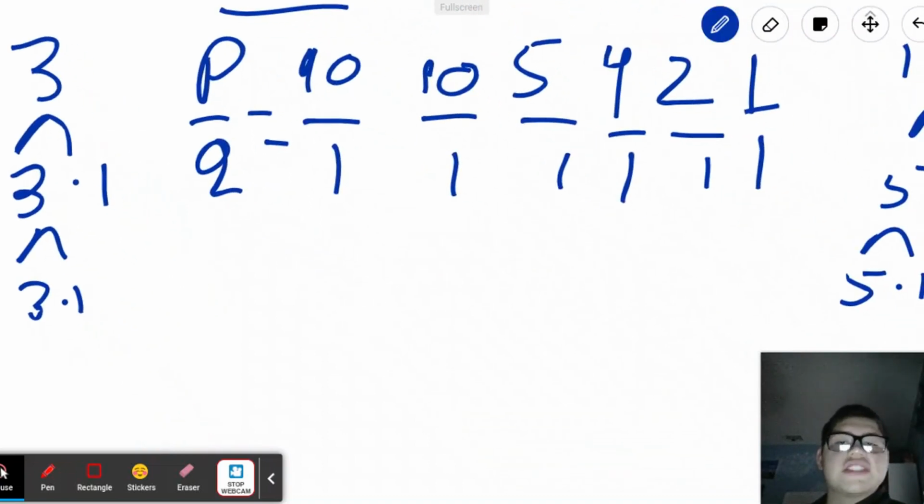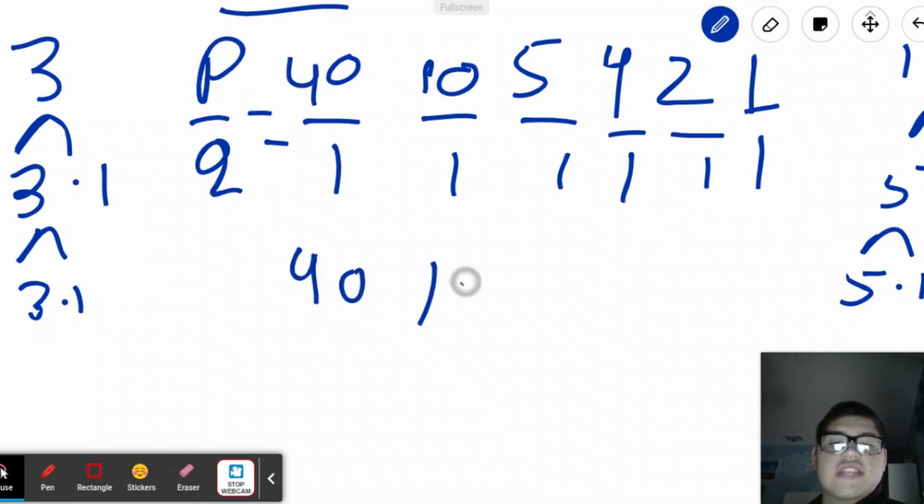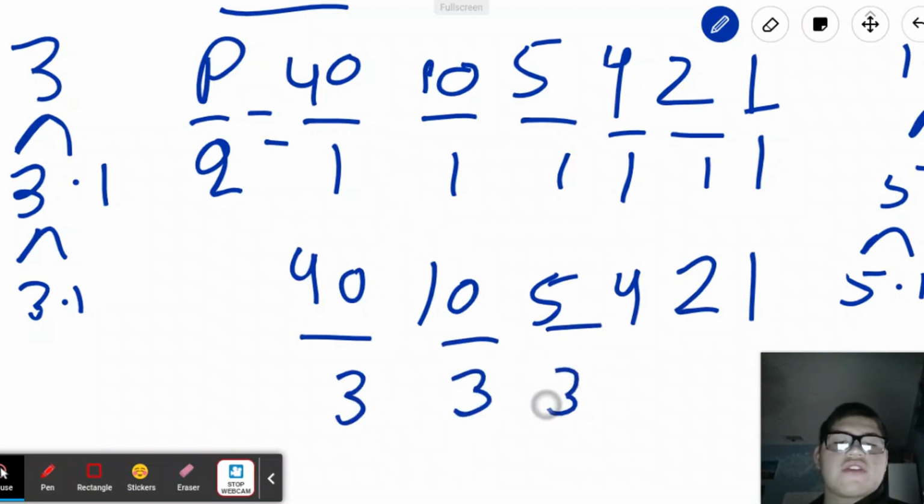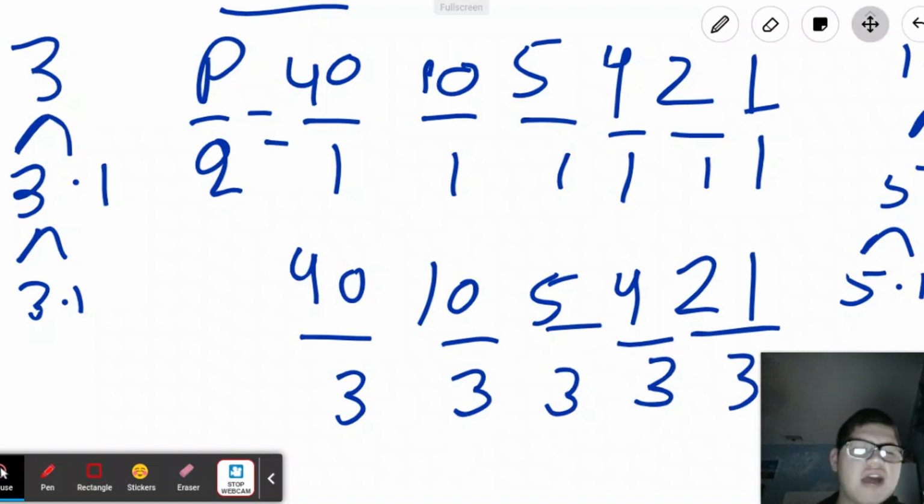And then we would have to do the same, where it would be 40, 10, 5, 4, 2, 1, and it'll be 3 over 3 over 3 over 3 over 3. So this is how I would solve it, but I was very confused on this after.